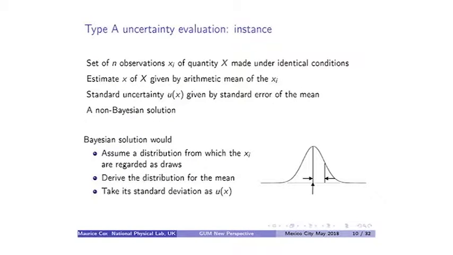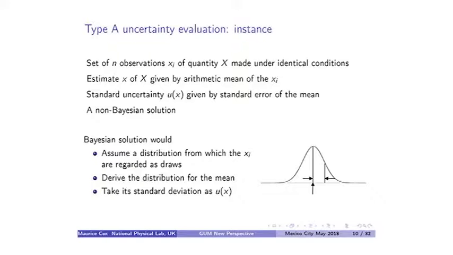An instance of type A uncertainty evaluation is the following instance. We have a set of n observations, little x_i, of some quantity X, made under identical conditions of measurement. An estimate, little x, of X is given by the arithmetic mean of the x_i, the natural thing to do. The standard uncertainty, u(x), is given by the standard error of the mean.